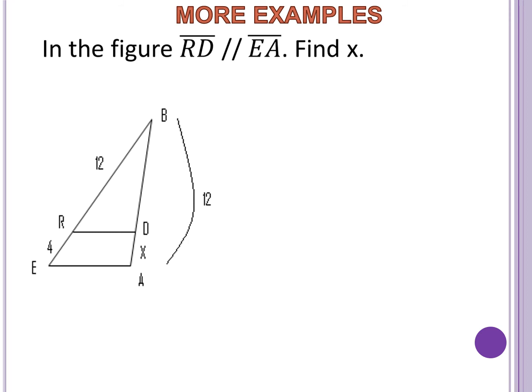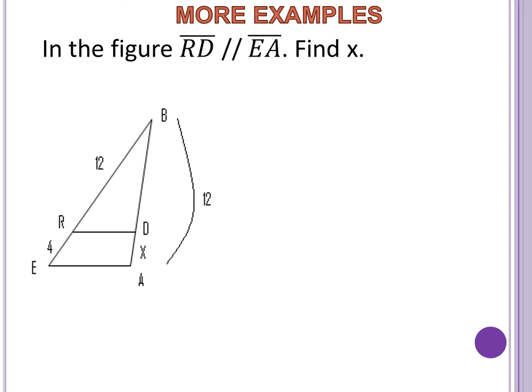Let's have more examples. In the figure, RD is parallel to EA. Find x. So as you can see, RD bisects the two sides of the given triangle and is parallel to EA. So here, in order to find x, we apply the basic triangle proportionality theorem.